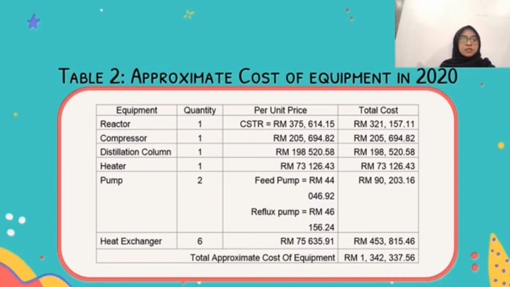For the heater, the total cost is 73,126.43. While for the pump, the total for the feed pump and reflux pump is 90,203.60 cent, and the heat exchanger, for 6 quantity, costs 453,815.46, and the total approximate cost of the equipment in 2020 is 1,342,337.56 cent.